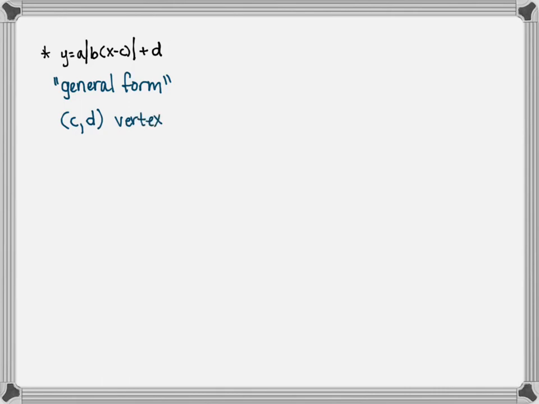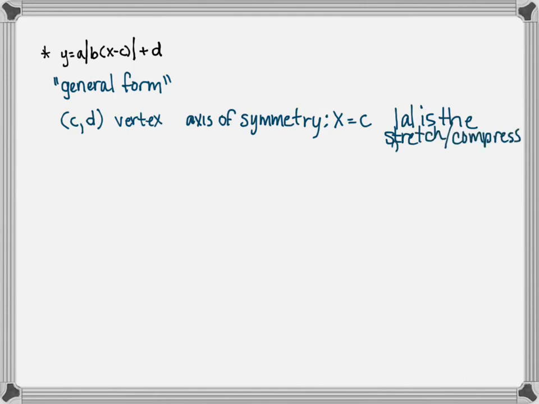When it's in general form like this, the point formed by c comma d is the coordinate of the vertex. The axis of symmetry has the equation x equals c. And the absolute value of a is the stretch or compress factor.